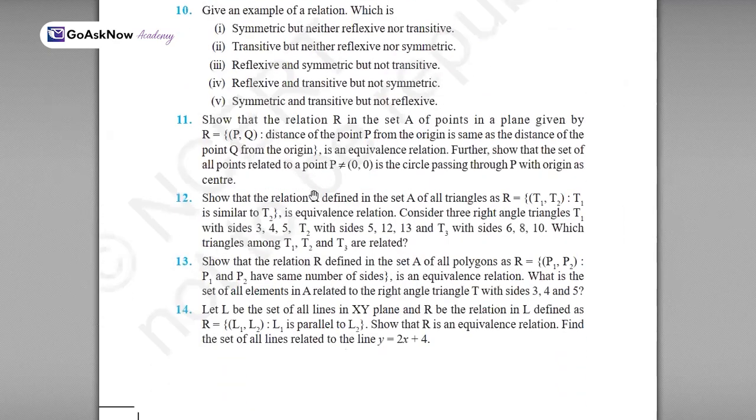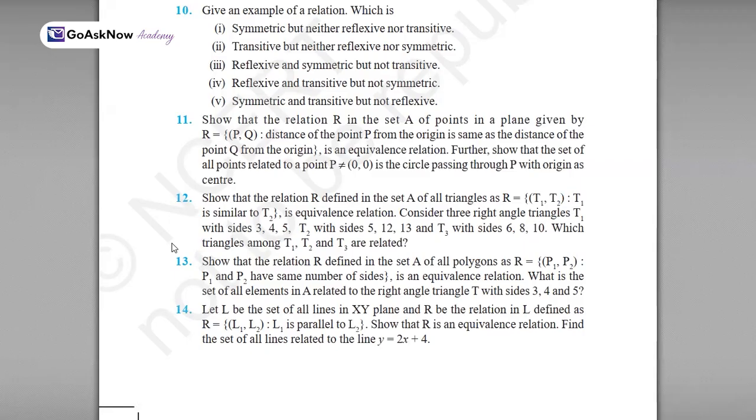Now I will solve one of these questions. So among 11, 12, 13, 14, I will solve one part for you. That is question 12. So you can see how it is solved and you can follow that to solve the other questions like 11, 13 and 14. Okay. So let's start.